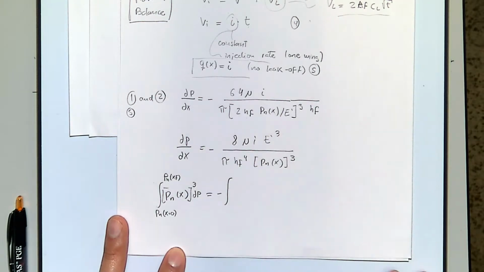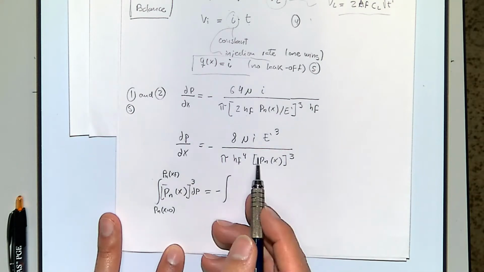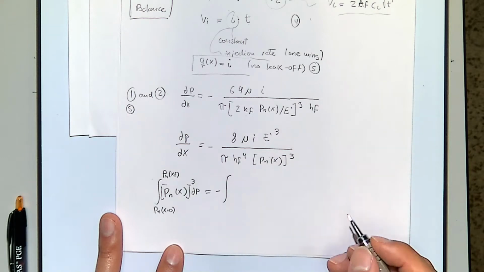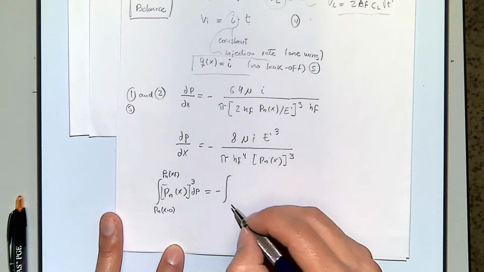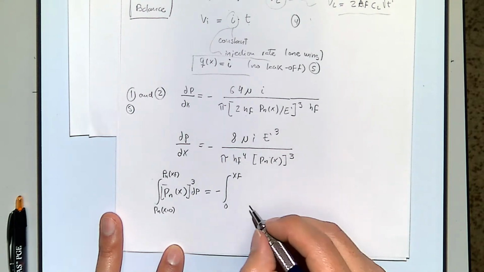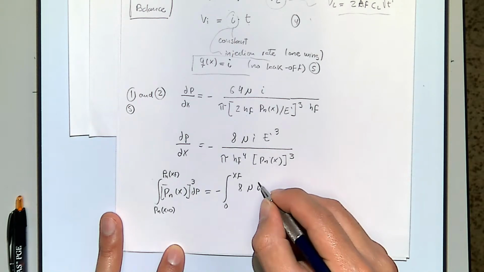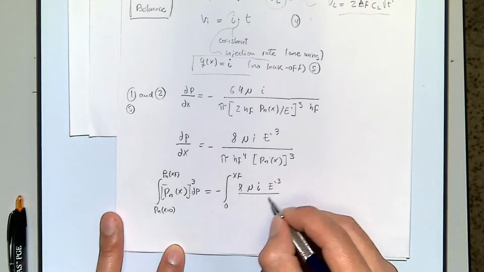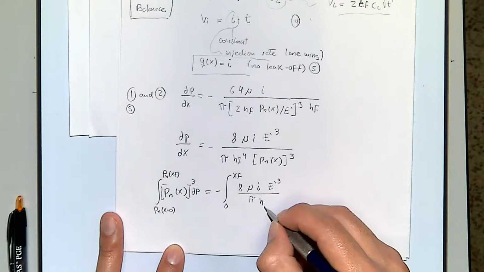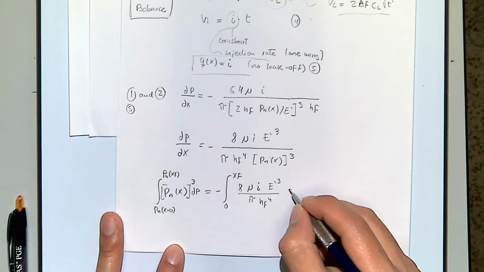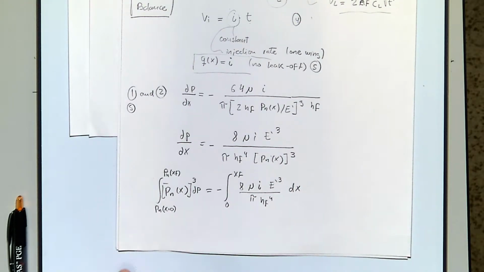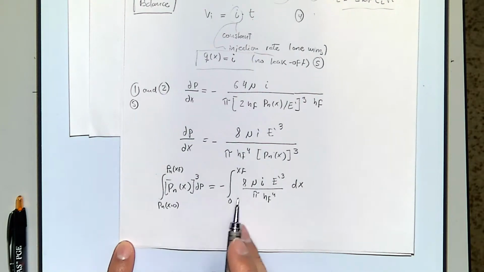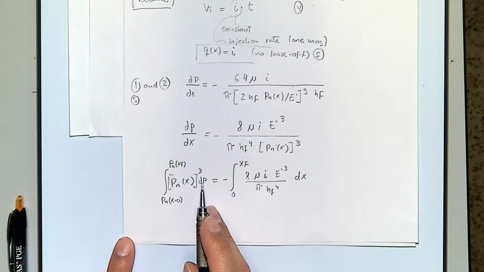Okay, so this is dP with the Pn, and then I just have the variable x on the other side. So this is going to go from 0 to xf, 8 mu injection rate constraint modulus cube divided by pi, height of the fracture dx. And now, what is the integral of x to the third power?